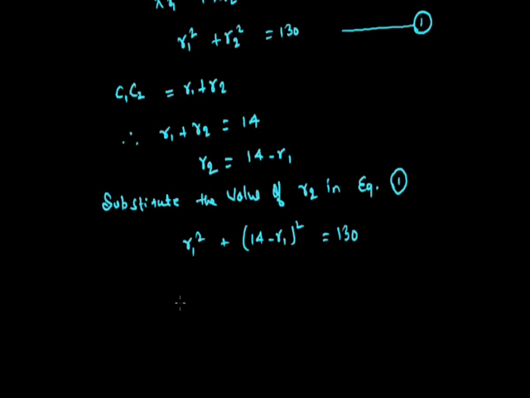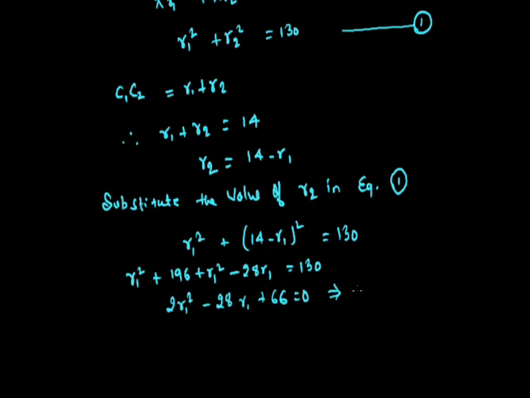Solving it, R1 square plus 196 plus R1 square minus 28 R1 equals 130. So 2 R1 square minus 28 R1 plus 66 is equal to 0. So it gives us R1 square minus 14 R1 plus 33 equal to 0.